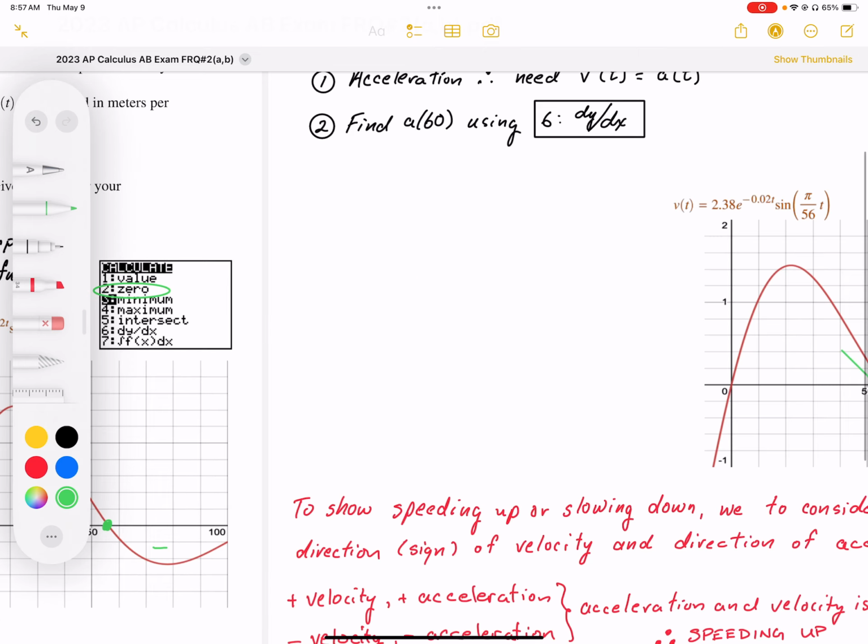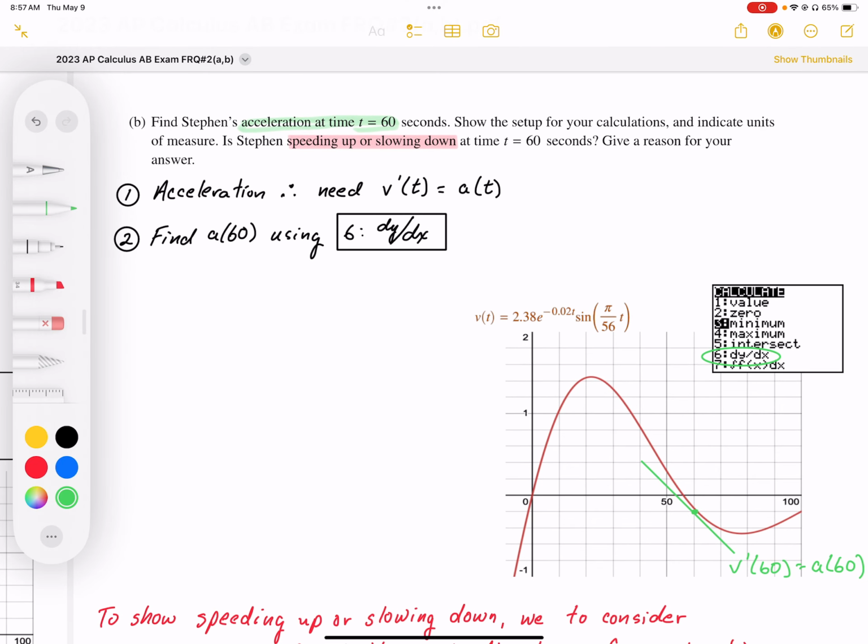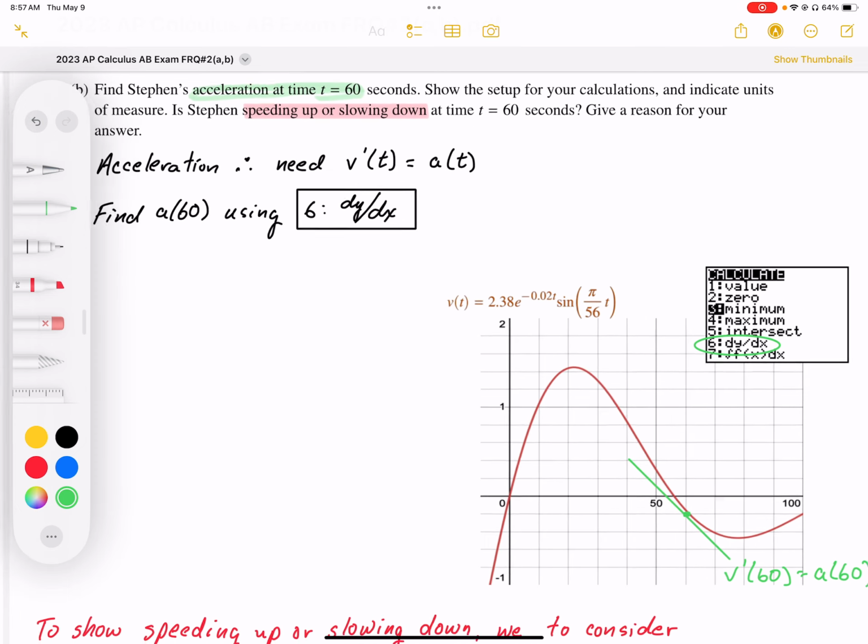For part B of the problem, the question says, find Stephen's acceleration at t equals 60 seconds, and show the set up of calculation to indicate units of measure. So the first part here is we need to recognize that acceleration is the derivative of velocity. So we need to find the derivative of this velocity function.